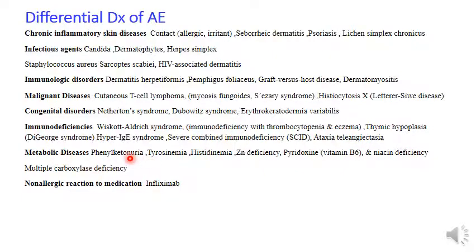Metabolic diseases like phenylketonuria, there is resistant eczema unless you treat the underlying cause. Tyrosinemia, histidinemia, zinc deficiency, a condition called acrodermatitis enteropathica, B6 deficiency, niacin, and multiple carboxylase deficiency, or non-allergic reaction to medication like biological factors, for example, infliximab.